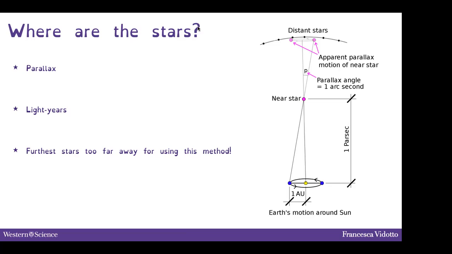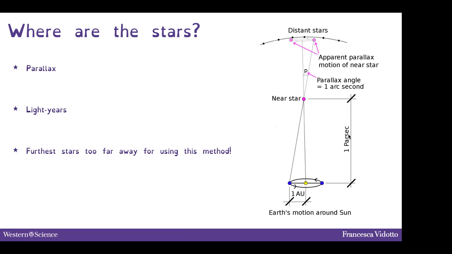So now I wanted to introduce to you something new. I was talking about parallax, and we have a new astronomical unit that is called the parsec, that is the distance under which the movement of the stars is seen as being just 1 degree in the sky.